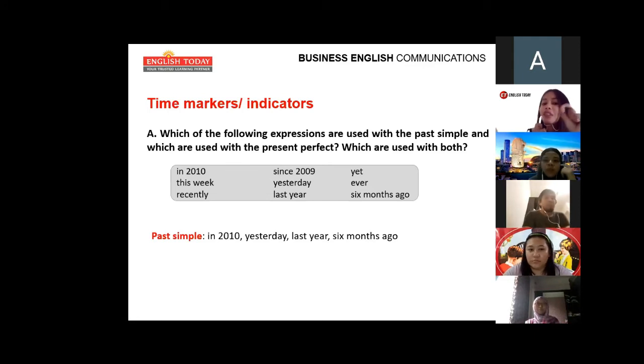You have to say I joined Gojek 6 months ago, or I started working at Gojek 6 months ago. It must be in the past: 6 months ago, last year, last weekend, last birthday. So past simple, verb two.